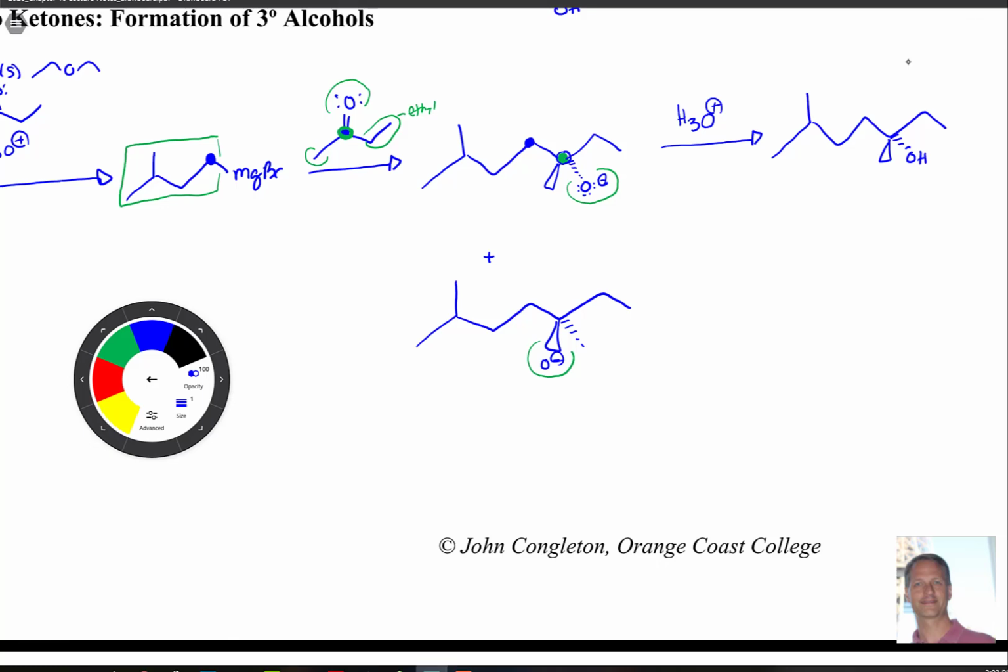So there's product number 1. And then we get our second product with the OH in front and that guy in the back. All right, guys. So these, again, in this case, are enantiomers of each other.